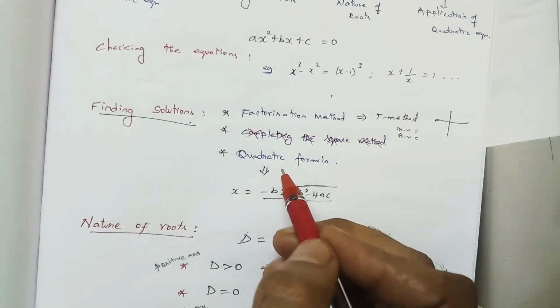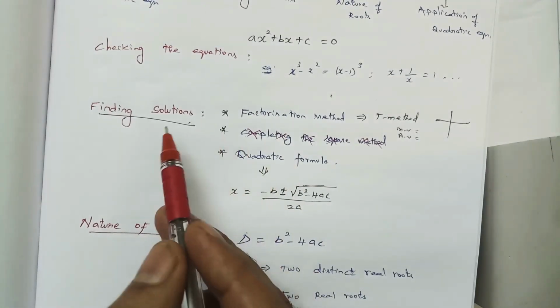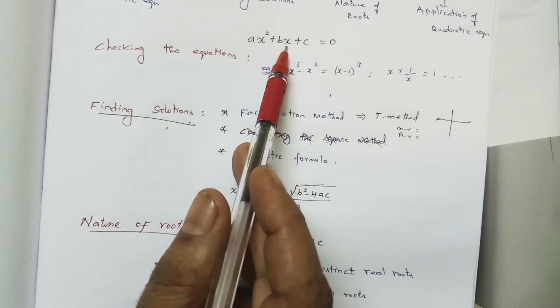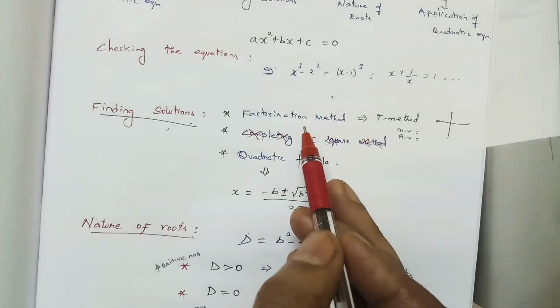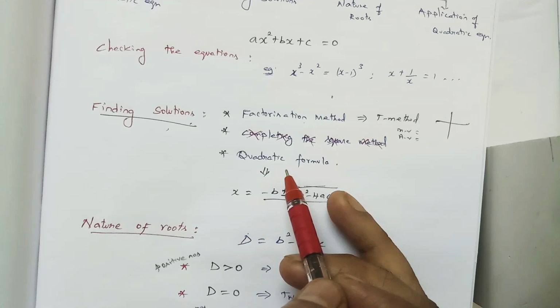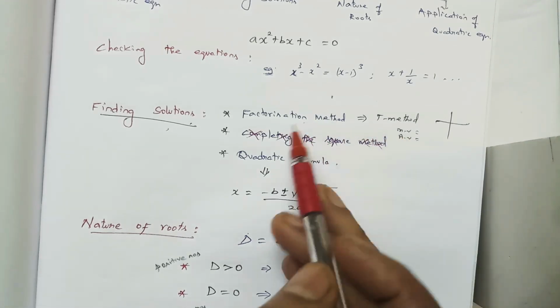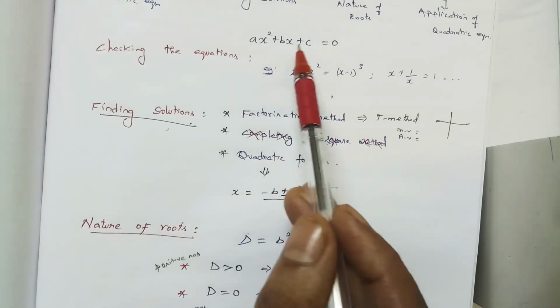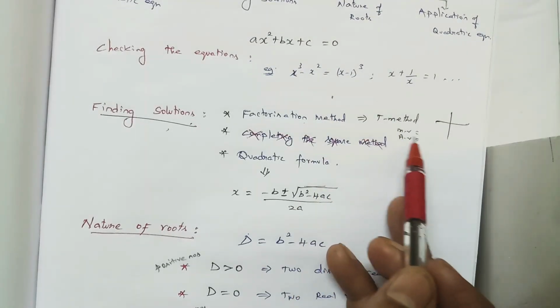So we had 3 methods, one method has been deleted, so we have 2 methods to find the solution for this quadratic equation. What are the 2 methods? One is the factorization method, another is the quadratic formula. Factorization method, how will we find it? By the T method. First we arrange in the standard form: x square term, x term and constant term, and we write the multiply value and addition value.